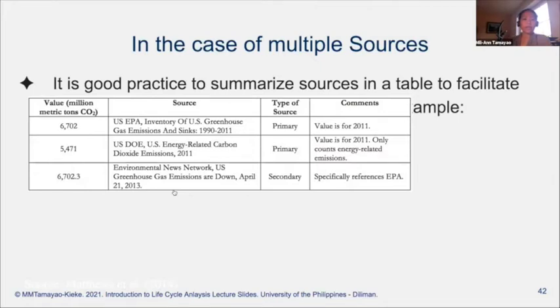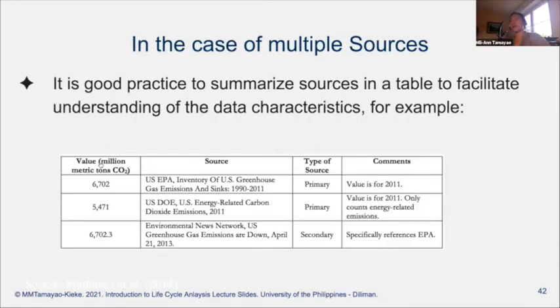Okay, and it is good practice to summarize sources in a table. Basically, it's better when you can provide a table summarizing your different sources, and then the important things from your sources, so that it's easier for the reader to understand what the differences among these different sources are. And then for you also, in the process of writing your paper, it's easier to organize your thoughts later on.